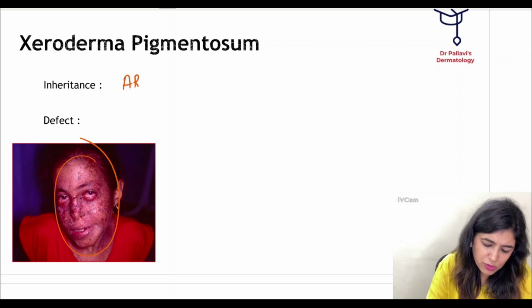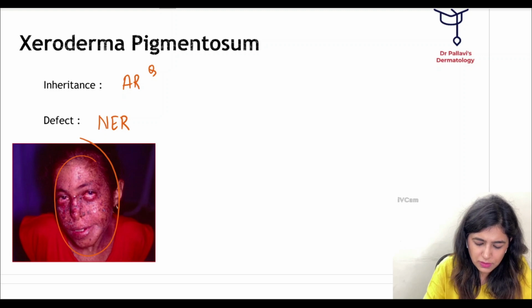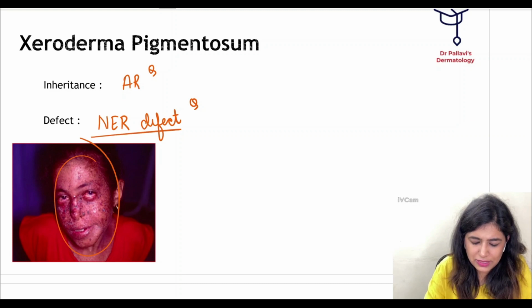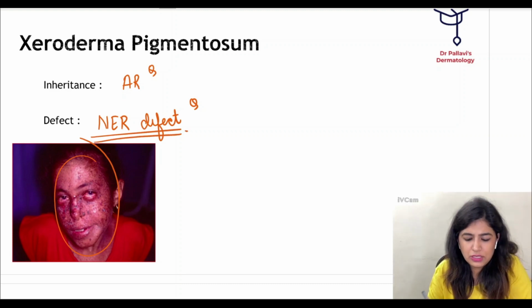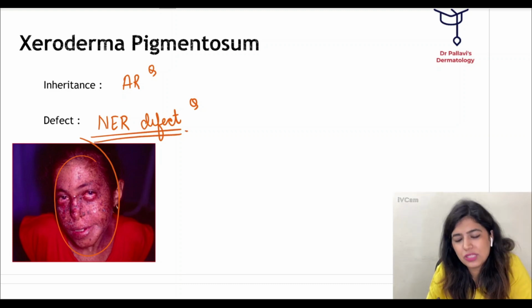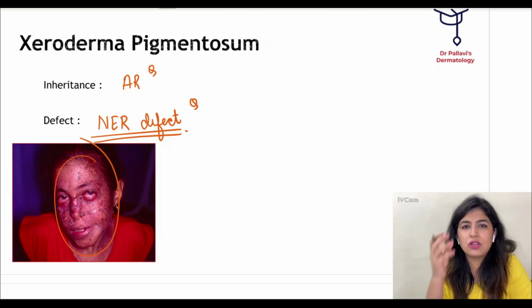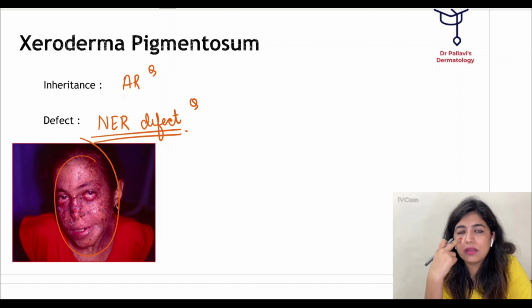Inheritance, very importantly, autosomal recessive. Defect, very important question: NER defect, which is nucleotide excision repair defect. That is actually a DNA repair defect. Generally seen in consanguineous marriages, children will have a lot of photosensitivity, pigmentary changes on the skin, dry skin, and the photosensitivity will also be there in the cornea.